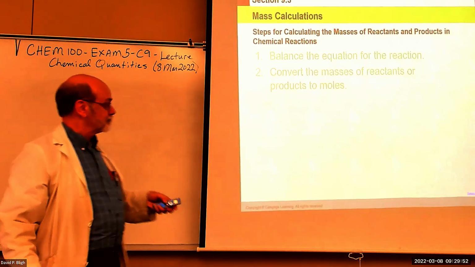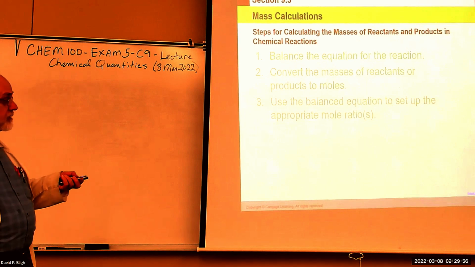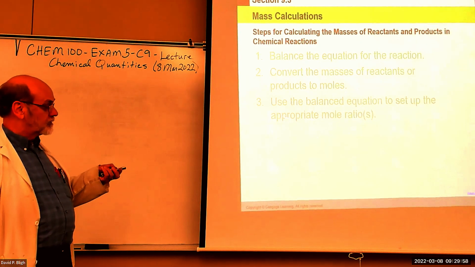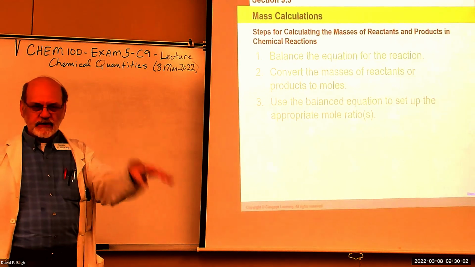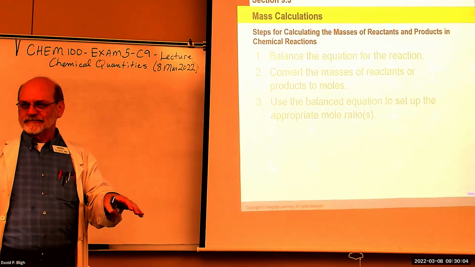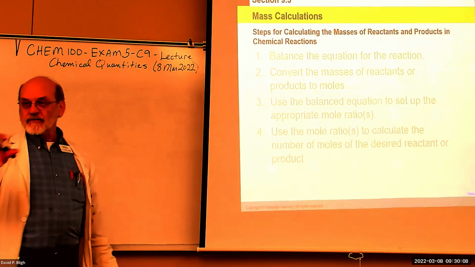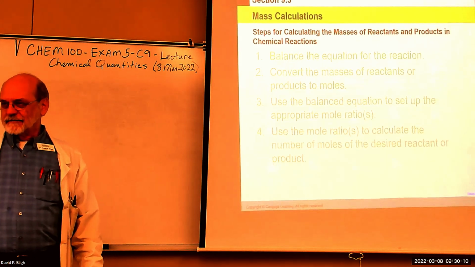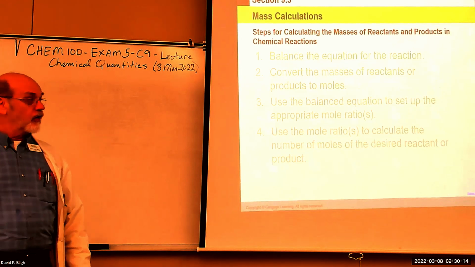All right? And then you use the balanced equation and the mole ratio from the coefficients to convert from so many moles of this one to so many moles of that one. Whatever the case may be. Then you convert the moles back into mass. So it's a multi-step problem, but it's fairly straightforward.